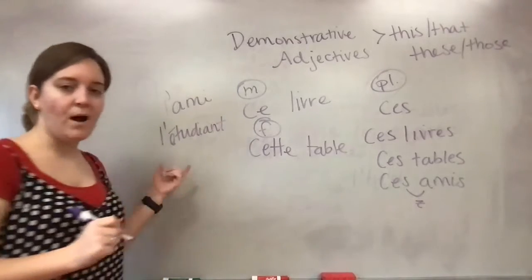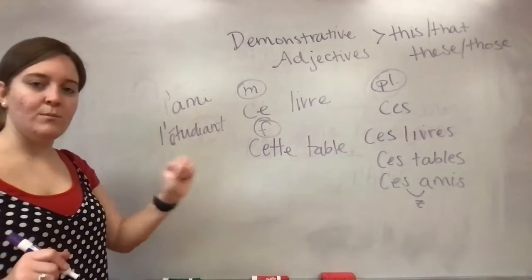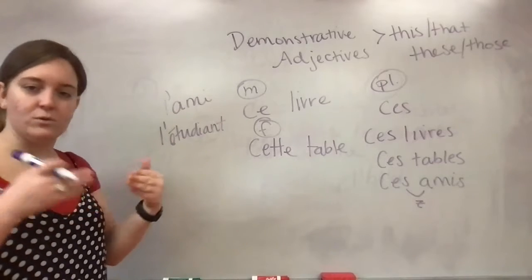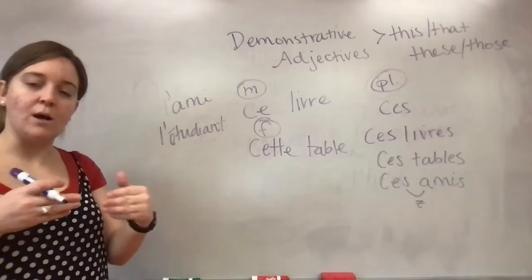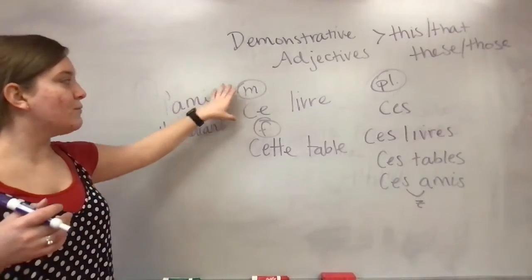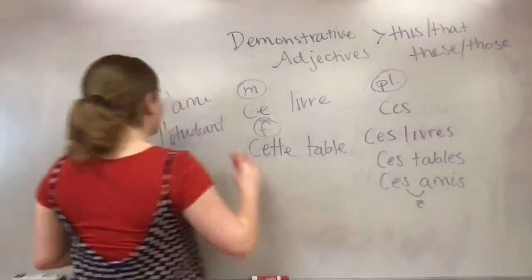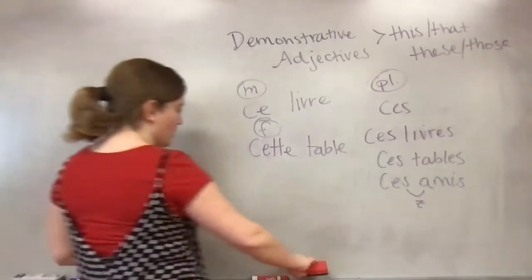We put an L apostrophe rather than saying le ami or le étudiant because we don't want our two vowels together. Those sounds sound very choppy and they don't flow very well together. So we have this L apostrophe. So in the demonstrative adjectives, we have another form for things that are strictly masculine and start with a vowel.